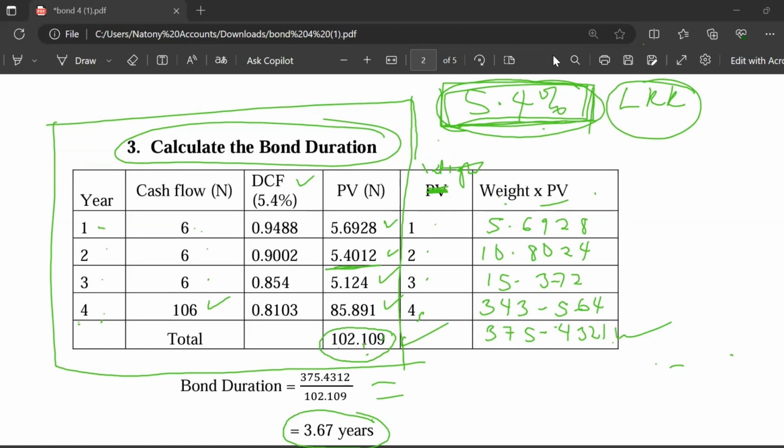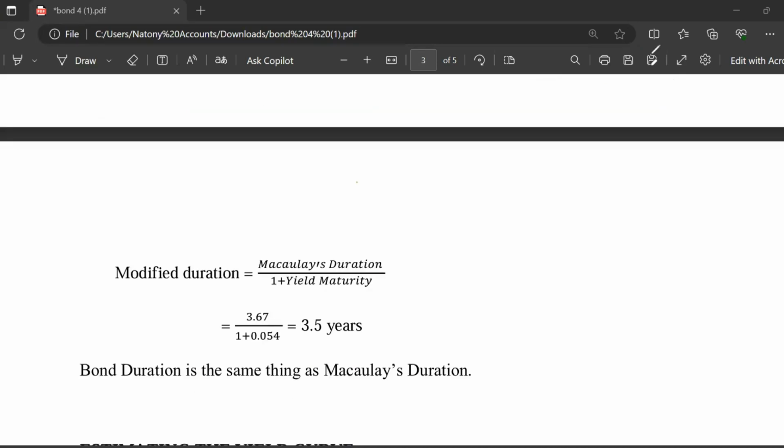So the final requirement is to calculate the modified duration. The modified duration is simply your Macaulay's duration, which is what we calculated earlier on as 3.67, all over 1 plus your YTM. The YTM was calculated earlier on to be 5.4%.